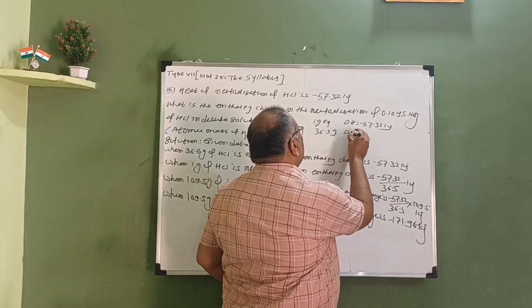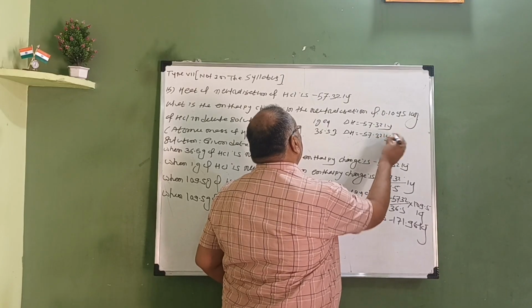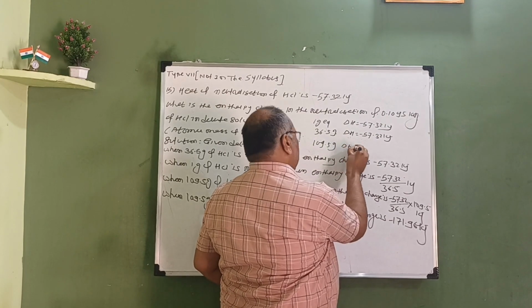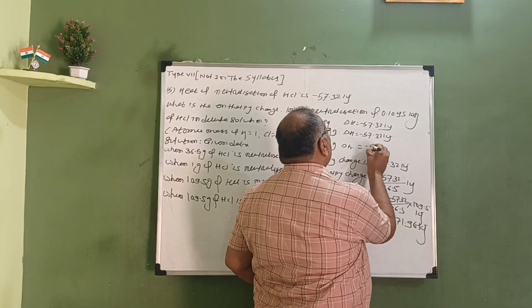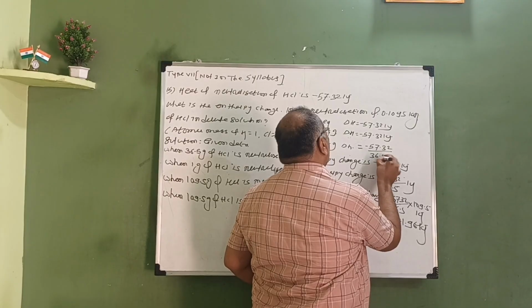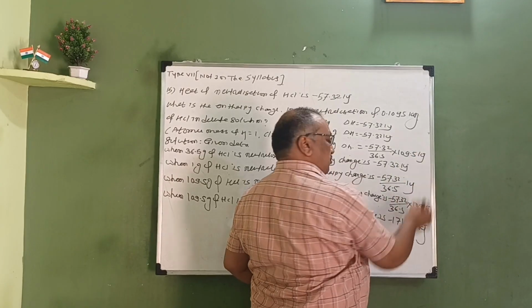Here delta H, and hence for delta H equal to minus 57.32 upon 36.5 into 109.5 kilojoule.